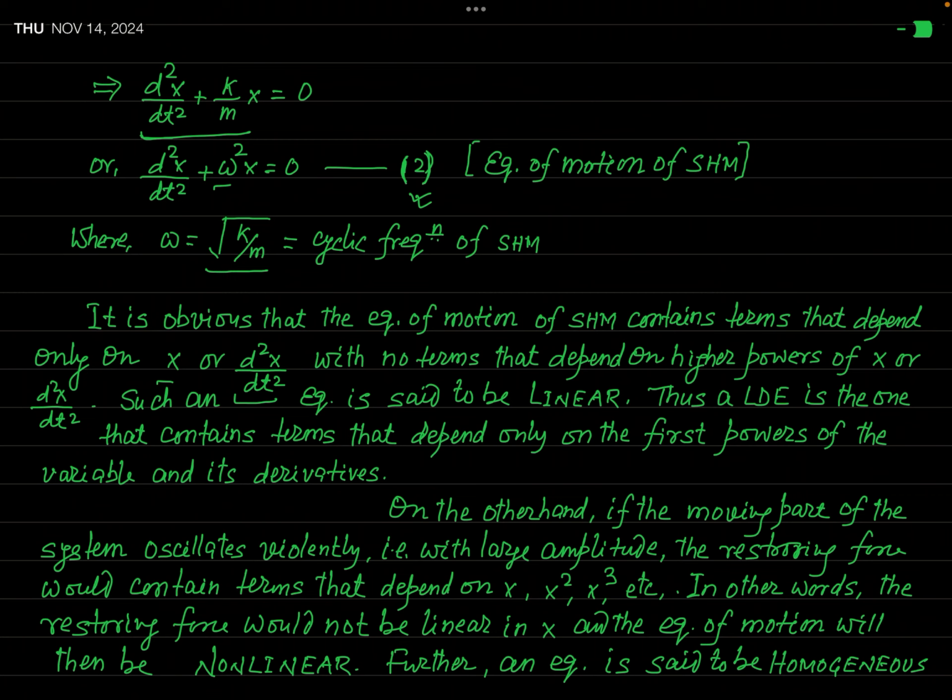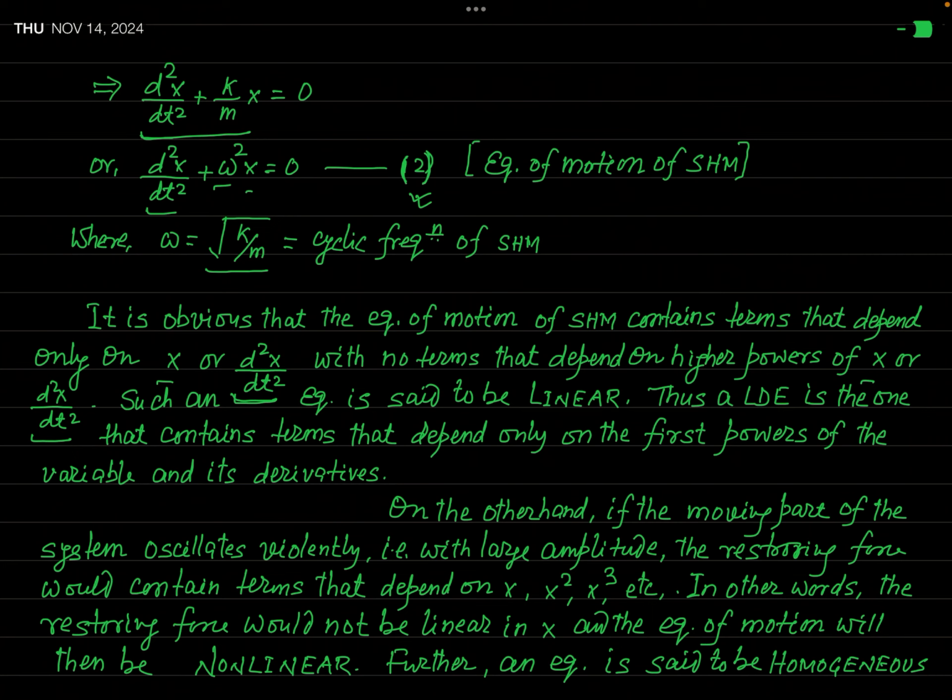So the equation of motion of simple harmonic motion contains terms that depend on x and d2x by dt square, and there is no other term in this equation which depends on a higher power of x or d2x by dt square. It means in this differential equation, both the terms d2x by dt square and x contain power 1, not 2, not 3.